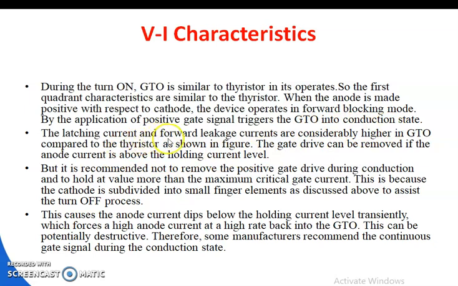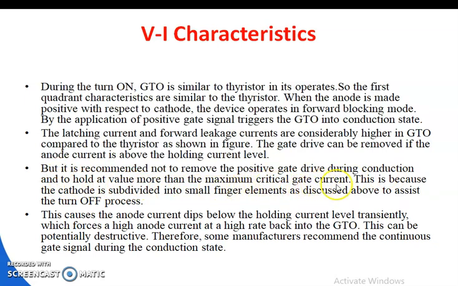The latching current and the forward leakage currents are considerably higher in a GTO compared to the thyristor, as shown in the figure. The gate drive can be removed if the anode current is above the holding current level, but it is recommended not to remove the positive gate drive during conduction and to hold it at a value more than the maximum critical gate current.